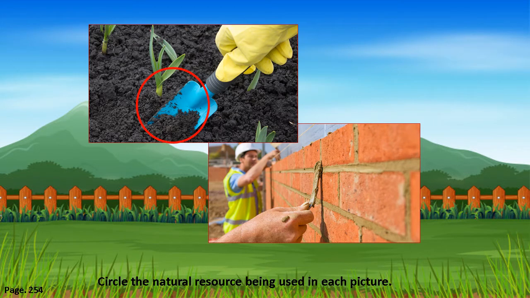Well done! We're going to circle the soil in the first picture, and we're going to circle the brick wall in the second picture. The natural resource that is being used in these two pictures is soil. We use it to grow plants and to make bricks.